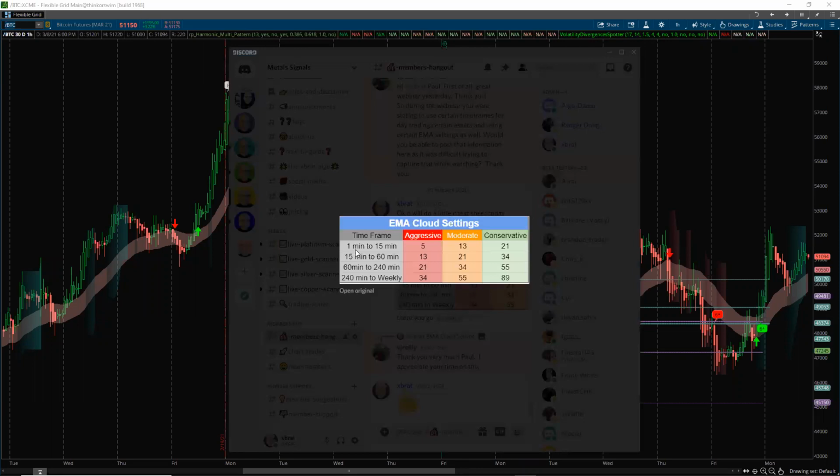So 1 to 15 minutes: the EMA Cloud setting is aggressive for 5, because if it's a parabolic move on a 3 minute, for example, you may want to be aggressive with that. 5 EMA Cloud aggressive, moderate 13, conservative 21. 15 to 60, we've got 13 aggressive, 21 moderate, conservative 34. 60 to 240 minutes, 21 is aggressive, 34 is moderate, 55 is conservative.